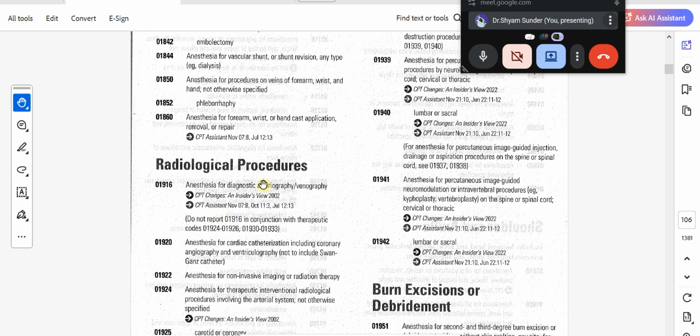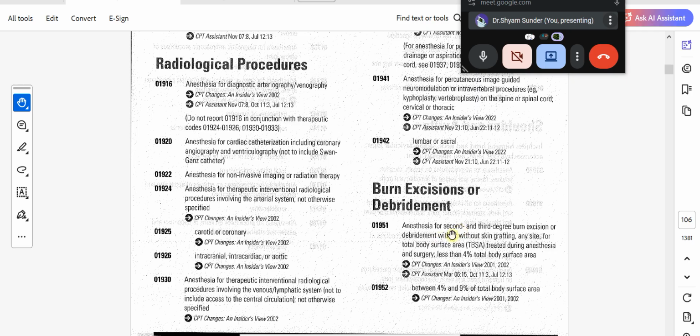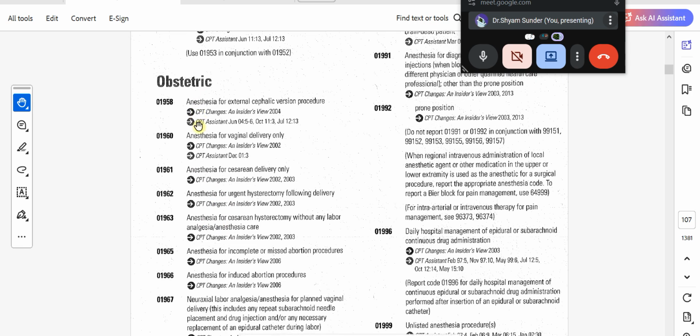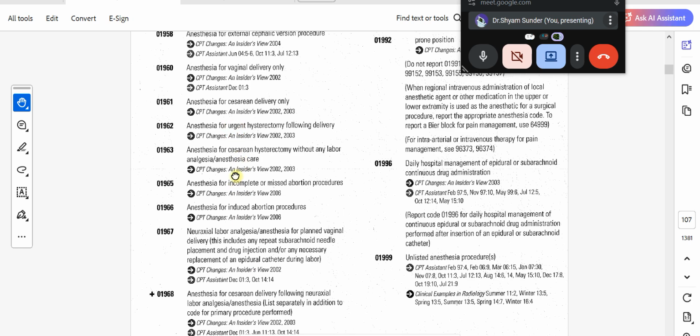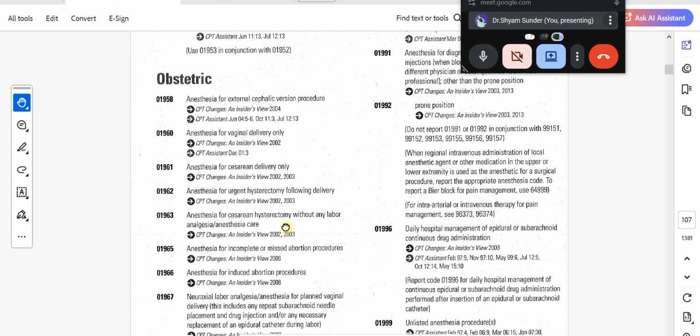These are all X-ray, CT, MRI, for which sometimes anesthesia is required. Burns, burn treatment under anesthesia. Obstetric procedures, like deliveries, normal delivery, cesarean delivery, if done under anesthesia, yes, you have the codes.